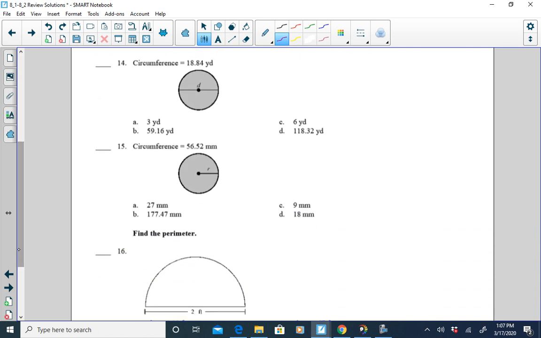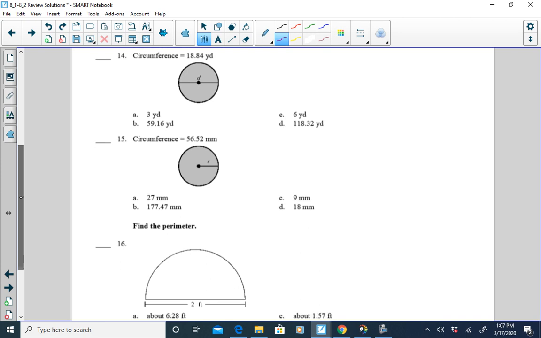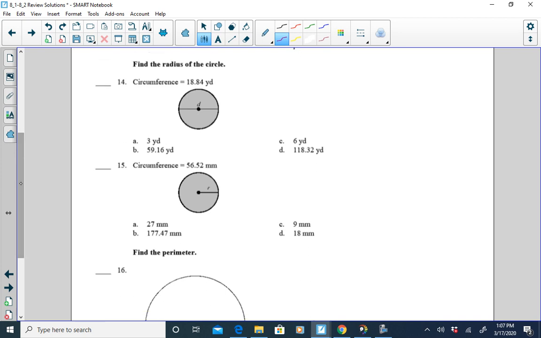Question 14, we're asked to find what here? Oh, we're asked to find the radius. Alright, well, let's start with our formula. Circumference is equal to 2 times pi times the radius. If I want to solve this equation for the radius, we would divide both sides by 2 times pi. They'd cancel.